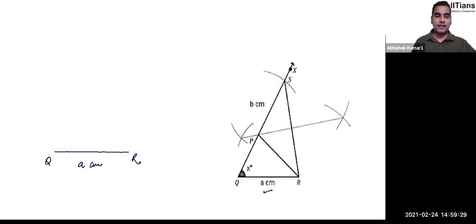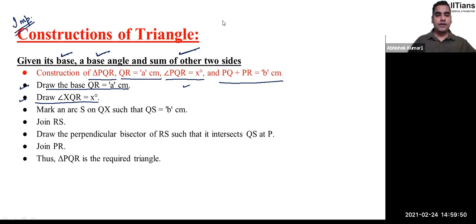So after that, we have to draw angle XQR at point Q. Okay, so let's say this is your XQR. Clear? That's your X. And this angle that you have is x degree. Understood?